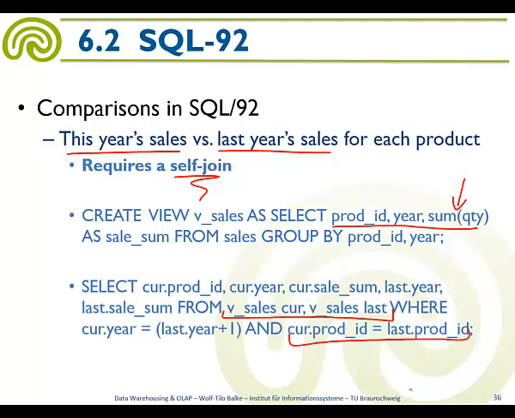So this is a join between V sales and V sales, where product ID is the same, right? Product ID is the same, right? And then we can say, okay, current year is last year plus 1, so we get adjacent years.